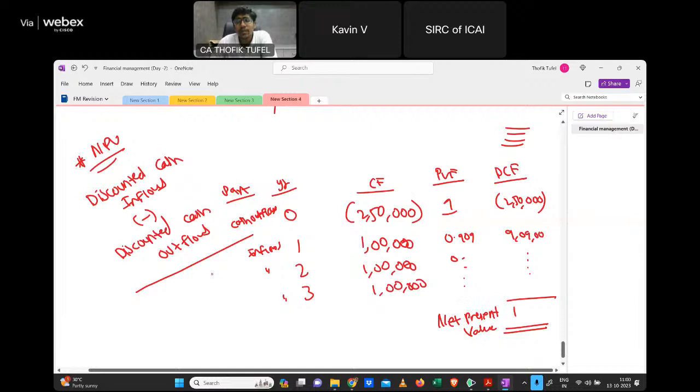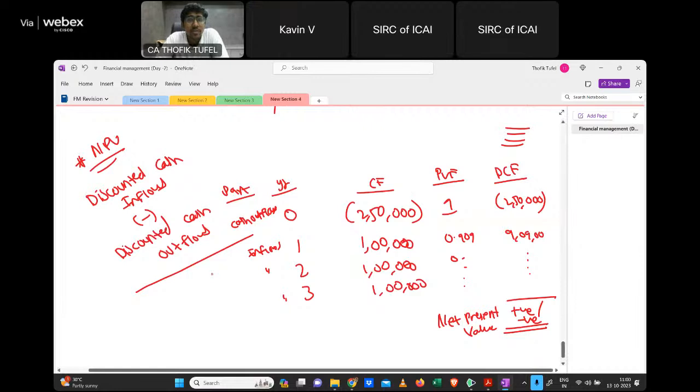This net present value can either be positive or it can be negative. Now let me tell you the concept. What is the net present value? Suppose you are having the project investment of 2,50,000 rupees, and you are receiving some inflows. What you are doing is finding the net cash.